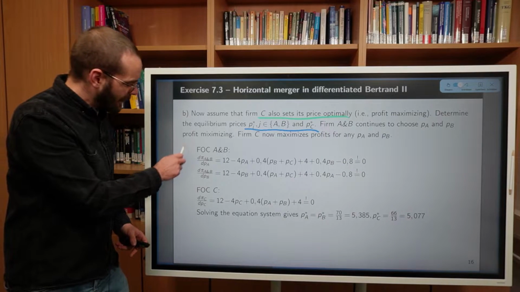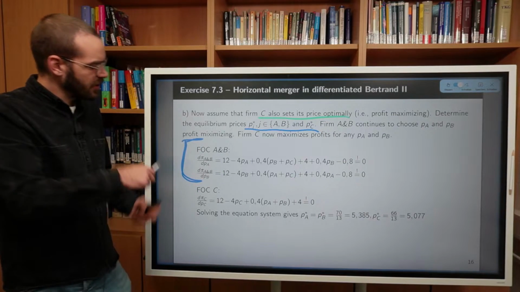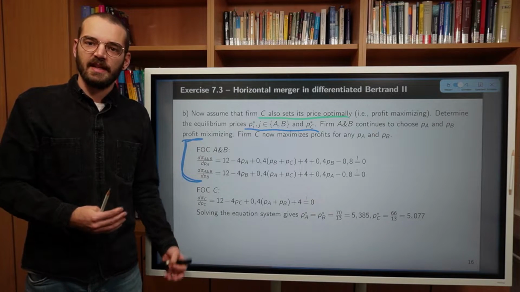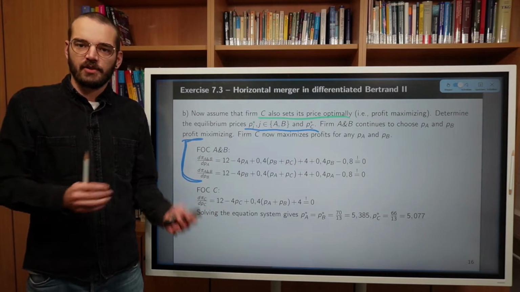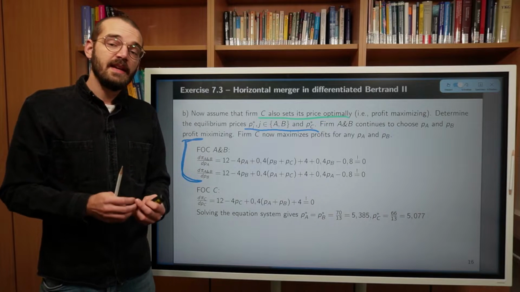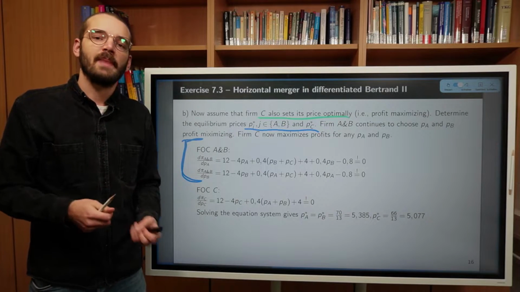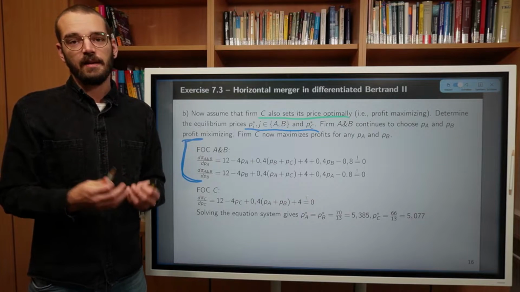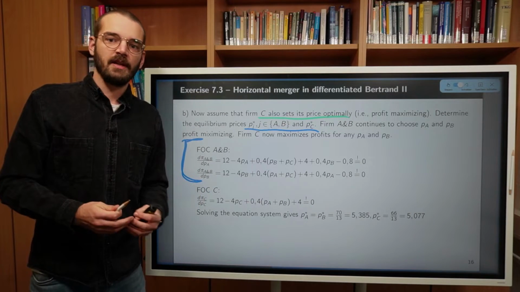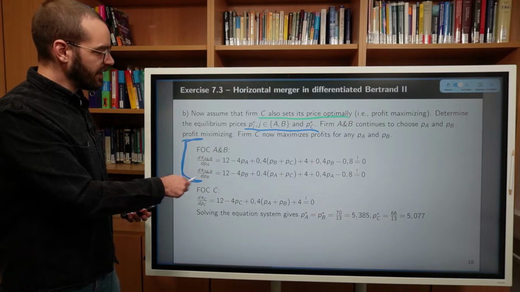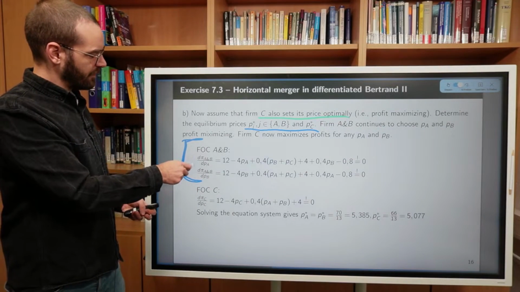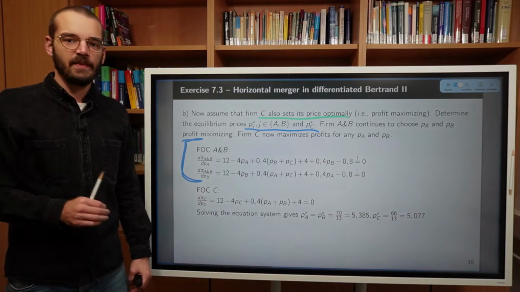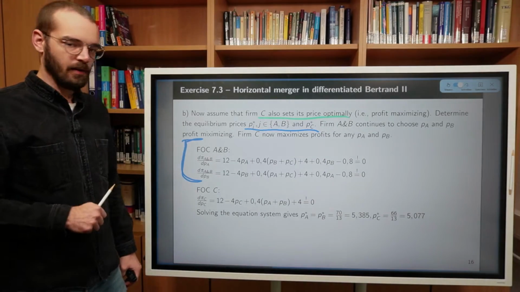So this upper part of the slide, the first order condition for firm A and B, of course, is the exact same that we already did in task A. Just remember, in task A, we were already considering a profit maximizing firm A and B that was choosing price A and price B profit maximizing. So what is written down here, the first order conditions for the profit maximum of firm A and B, is exactly the same and not changed at all.